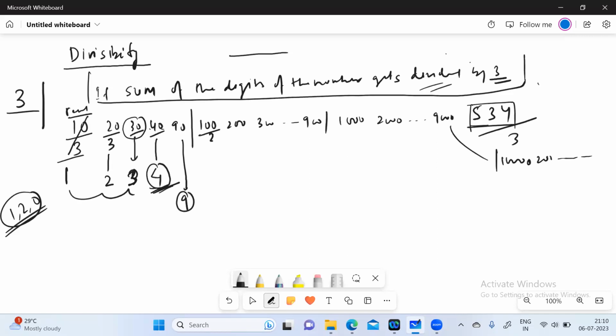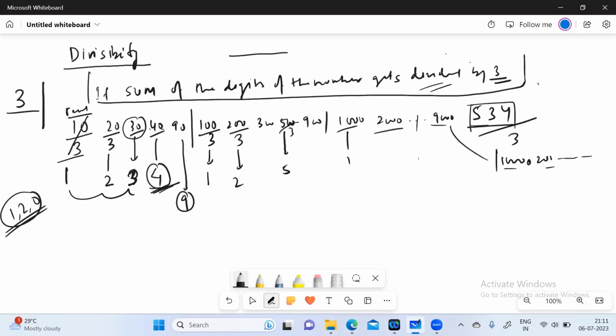Similarly, when 100 gets divided by 3, we keep remainder 1. When 200 gets divided by 3, we'll keep remainder 2. And when 500 gets divided by 3, we'll keep remainder 5, and so on. We'll be making such an assumption that these are the remainders when these figures are divided by 3.